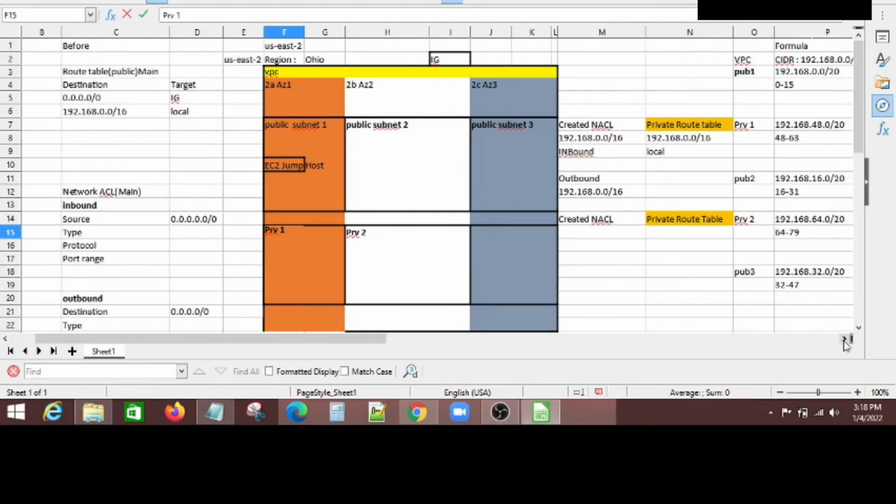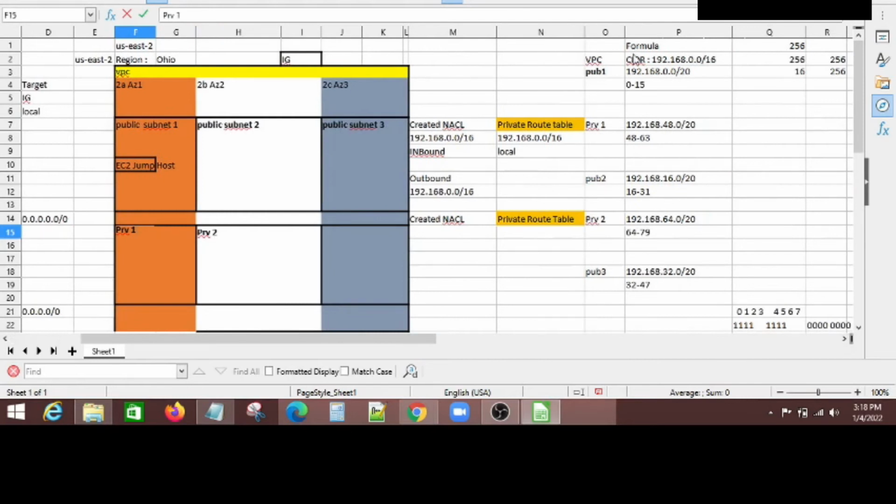But what would be the CIDR notation? CIDR is Classless Inter-Domain Routing. For the public subnets, I stopped at 47, so I started the private at 48 and gave the same /20.